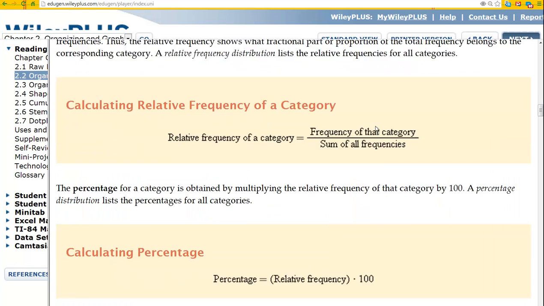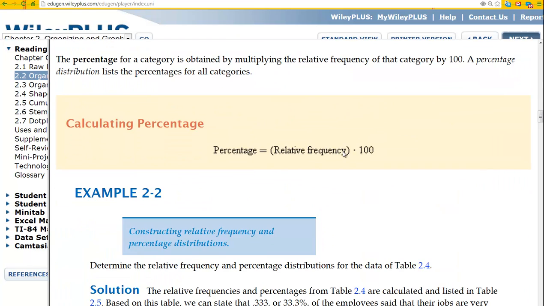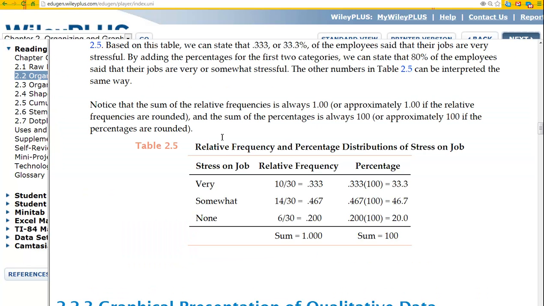So that's what they said. You have to take the relative frequency 0.2 times 100 to get what we call the percentage, which is 20%. Okay, so they do that here, right? The relative frequencies, when you add them up, give you 1, and the percentages, when you add them up, give you 100.